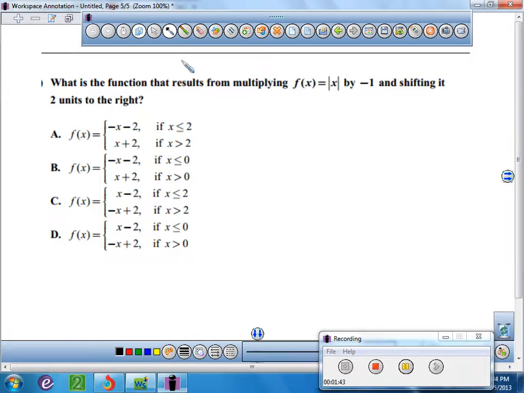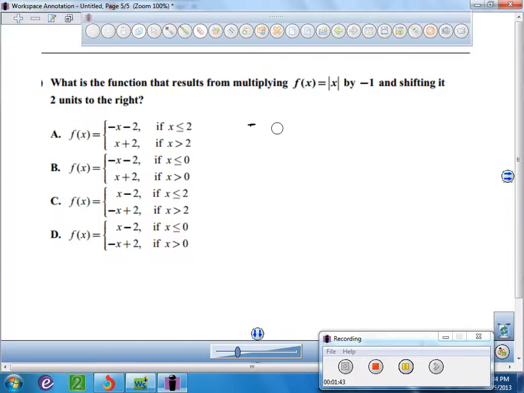Alright, so with this one, what we're going to do is say, alright, well, let's read what it says. It wants us to multiply x absolute value by negative 1. So we'll have negative 1 times the absolute value of x. Now then it tells us to shift 2 units to the right. Well, we know to shift to the right or to the left, we have to deal with inside the absolute value. Now we want to shift it right, so we're going to say minus 2.